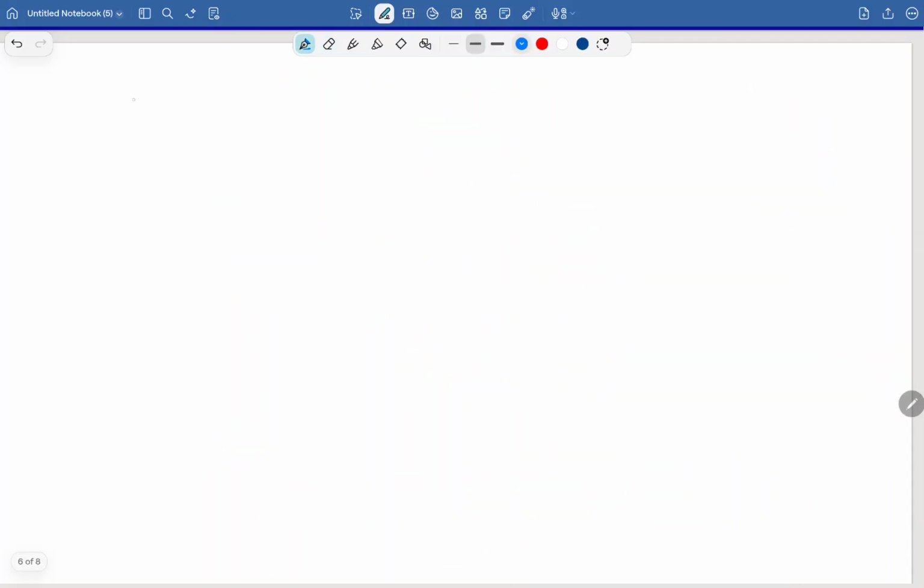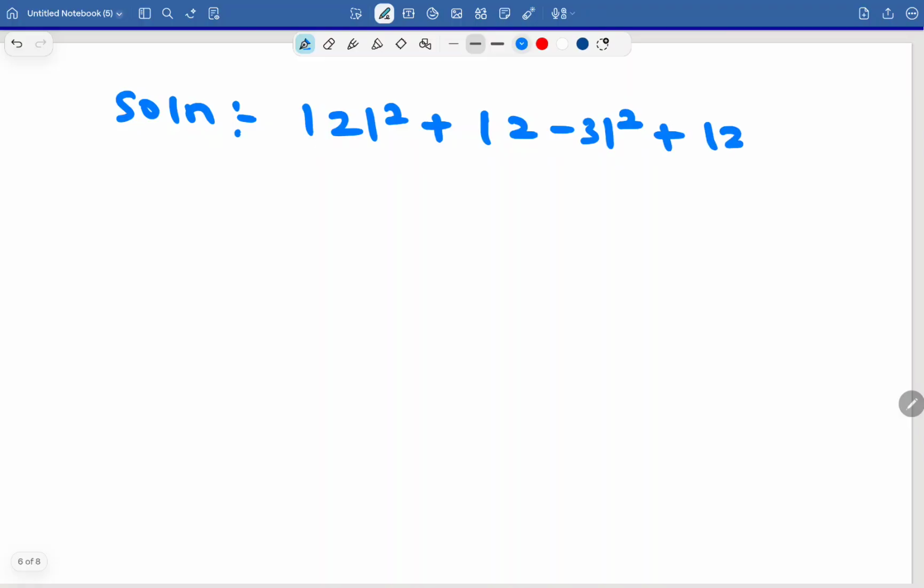Solution. What is given? Modulus of z square plus modulus of z minus 3 whole square plus modulus of z minus 6i whole square, where z is a complex number.